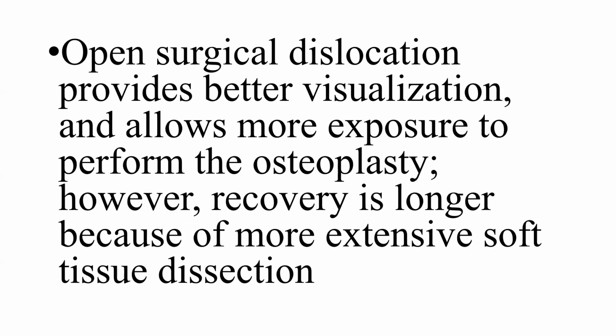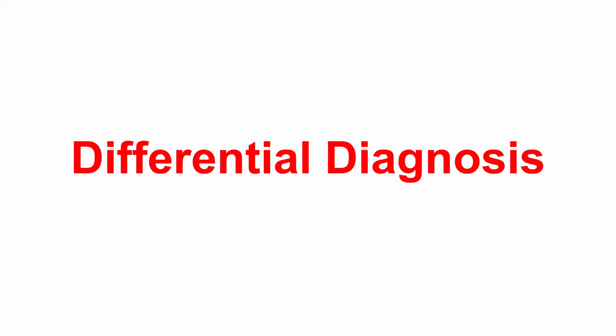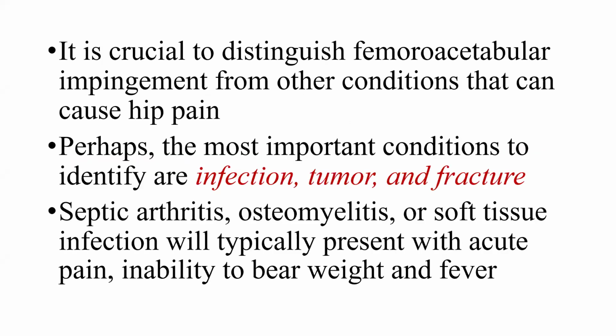Hip arthroscopy is a growing surgical technique in orthopedics that minimizes soft tissue disruption, but it is much more technically challenging. Arthroscopic outcomes are similar to open techniques for femoroacetabular impingement. For the differential diagnosis, it is critical to distinguish femoroacetabular impingement from other conditions that cause hip pain.